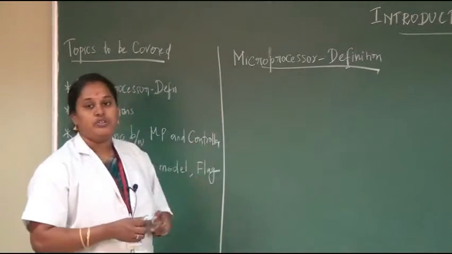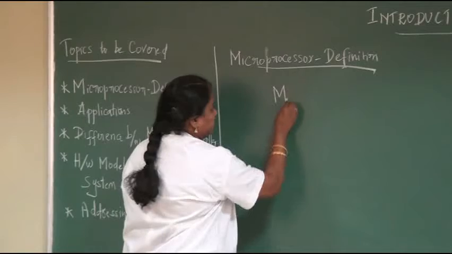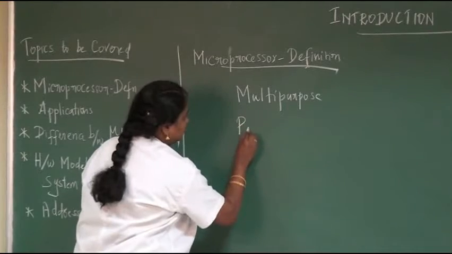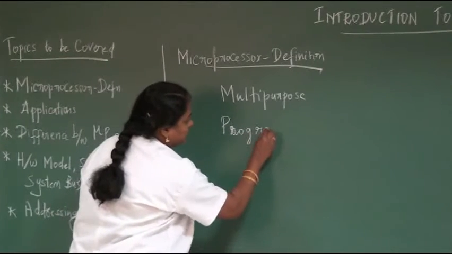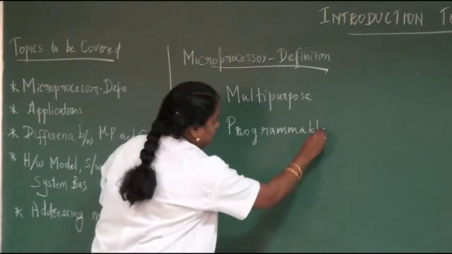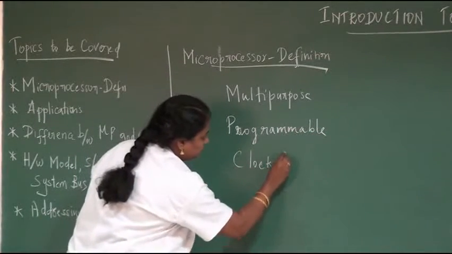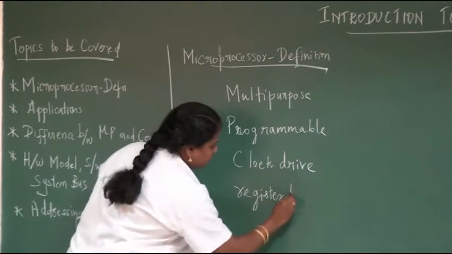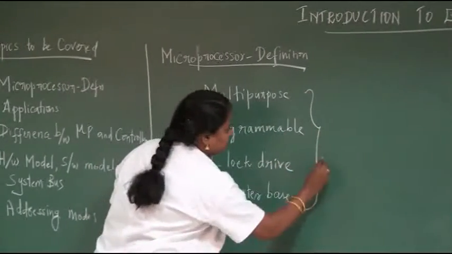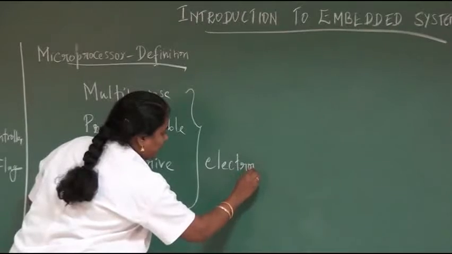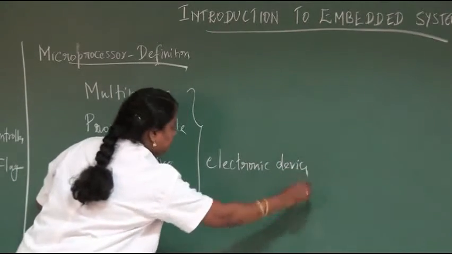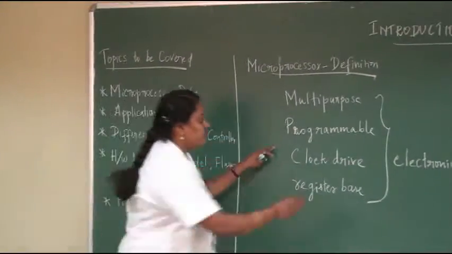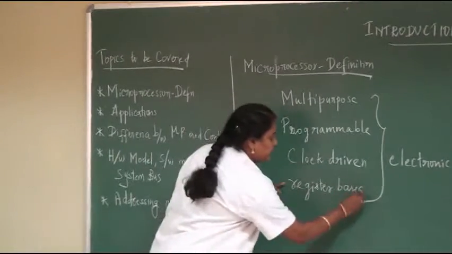In clear terms, a microprocessor is a multi-purpose, programmable, clock driven, register based electronic device.